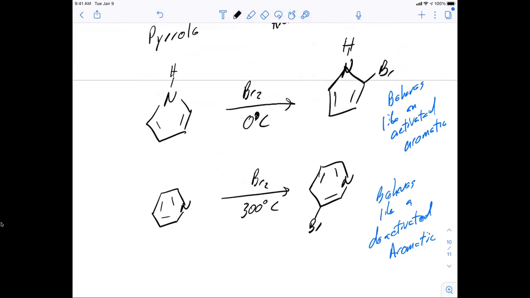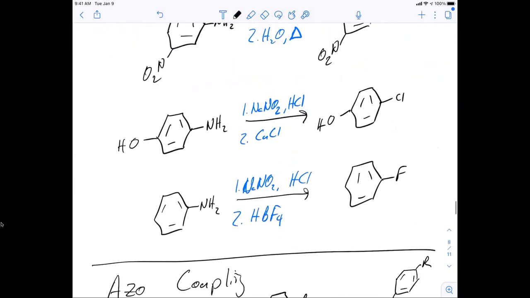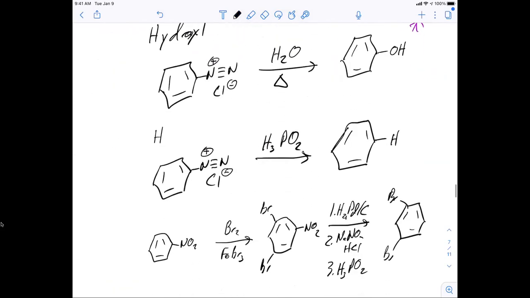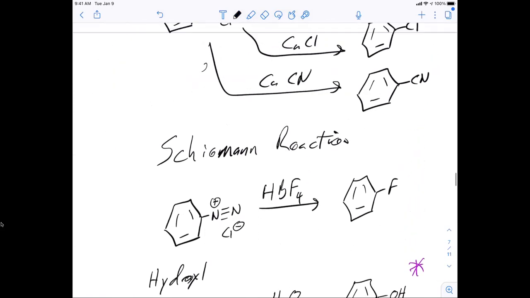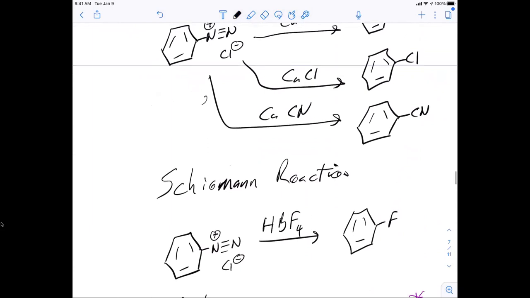Now, by finishing the amines chapter, we have added a whole bunch of synthetic strategies, mostly because of diazonium salts. Now we have a Hofmann elimination process that we didn't have before. And now we have lots of ways to go back and look at our aromatic electrophilic substitutions.